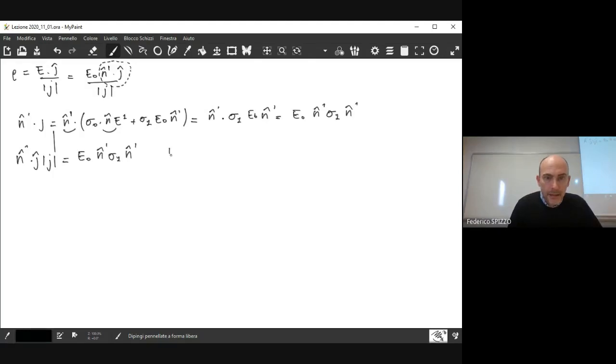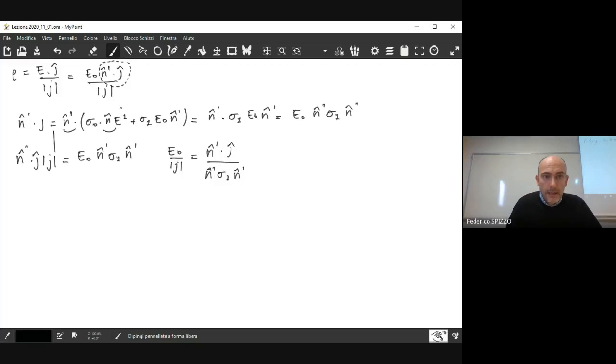Then we have that E0 divided by J modulus is equal to n prime scalar product J versor divided by n prime sigma 1 n prime.